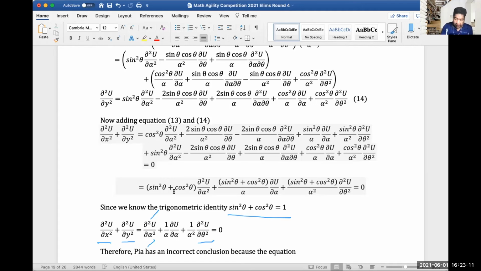So again, Pia has an incorrect solution because we already have proven that it would transform to the given equation here. Okay, so that's a long solution. That's why it's in the difficult questions. Okay, so let's move to the next question.